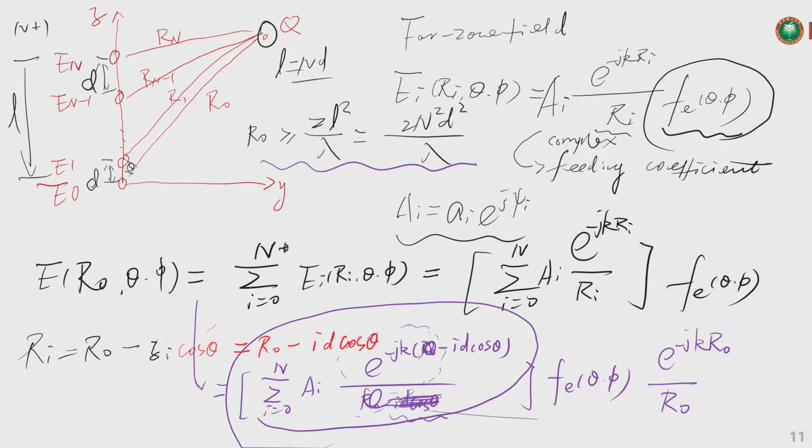So now we get the expression for the electric field. We can also obtain the power density. The power density as R node theta phi equals one half over eta node times the magnitude of E theta phi squared.